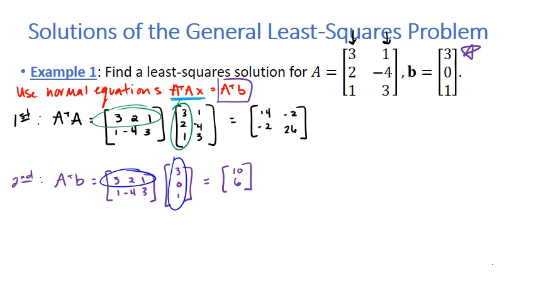Okay, so the third thing we want to do is actually solve that normal equation. So we want to solve this. What we can do is rewrite it as a matrix equation.